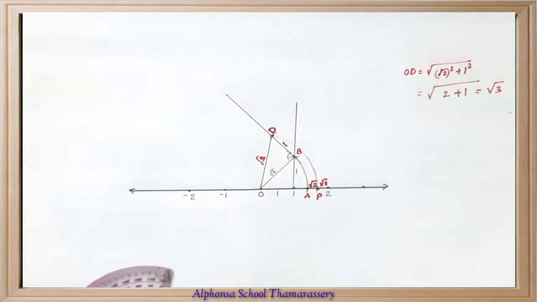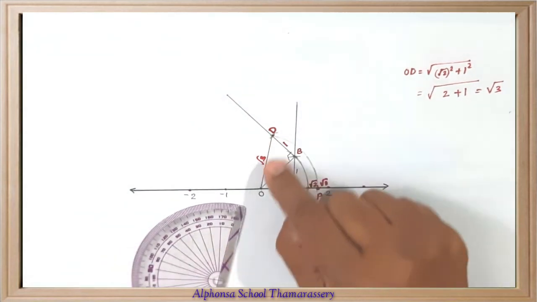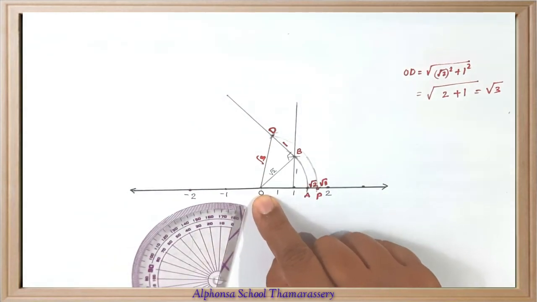Now, when you observe, you can see that this length OP is equal to root 3, which is equal to OD, because they are the radii of the circle. OD equal to OP, which is equal to root 3. The same way you can continue with that. You can represent root 4, root 5, etc. So the length of OD is equal to root 3.